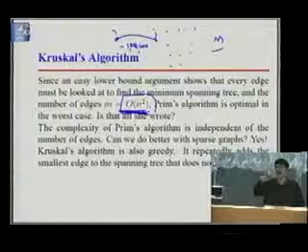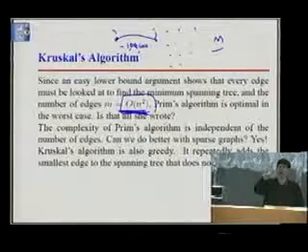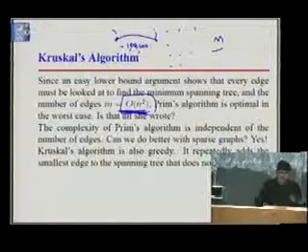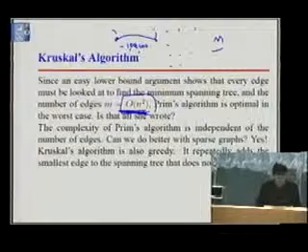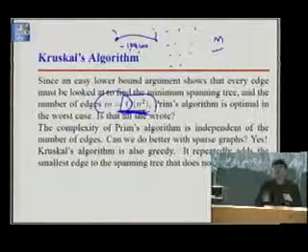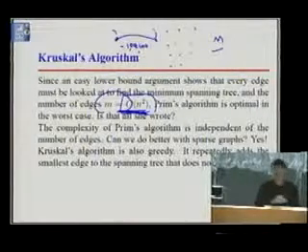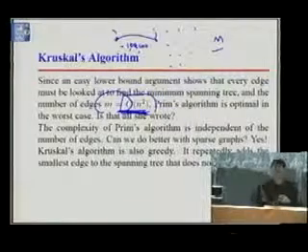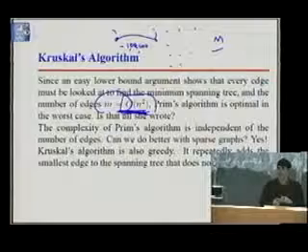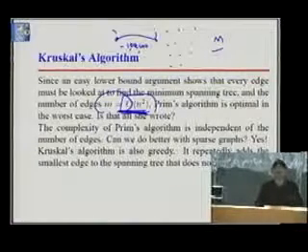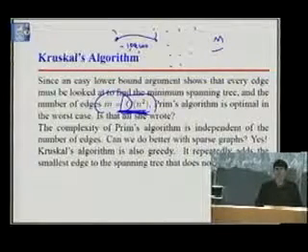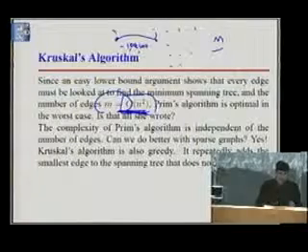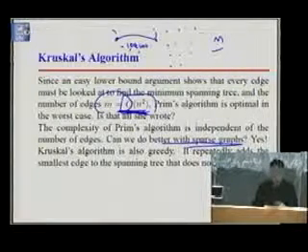Probably not. That's the right answer: probably not. It certainly is best in the worst case on dense graphs. On dense graphs, you can't hope to do better than it. If you tell me you've got a complete graph, find the minimum spanning tree, there is no possible way to beat Prim's. On the other hand, what if I give you a sparse graph?